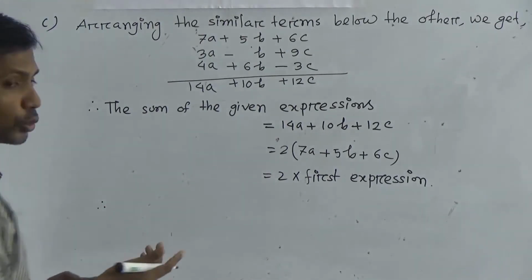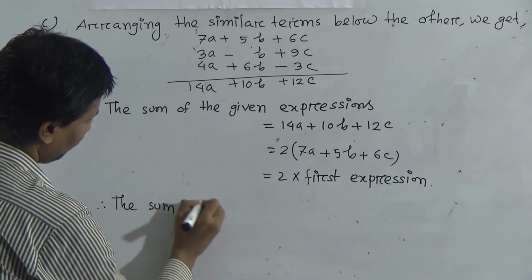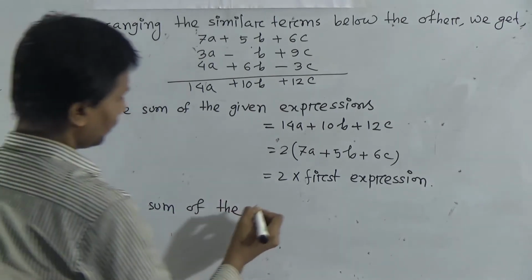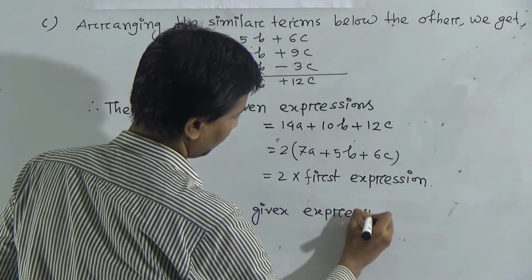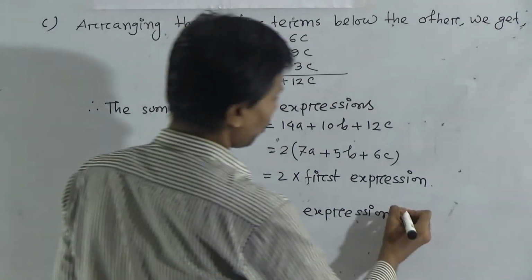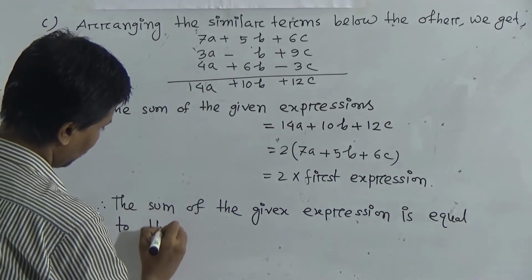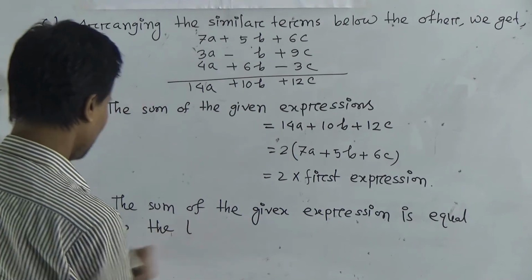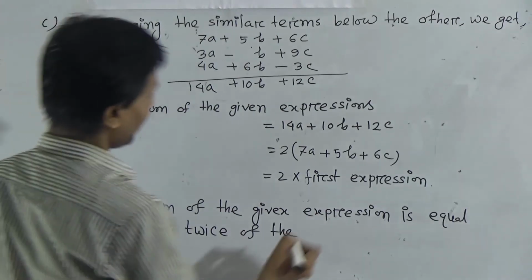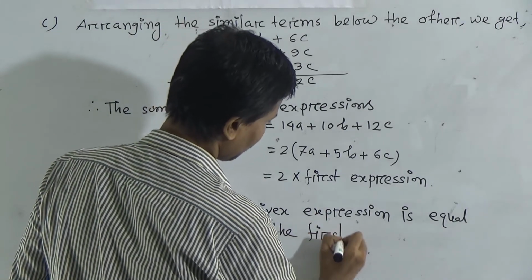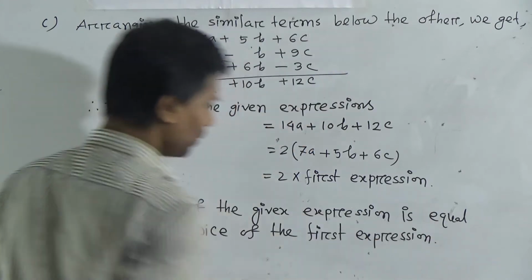Now we write according to the question: the sum of the given expressions is equal to twice the first expression.